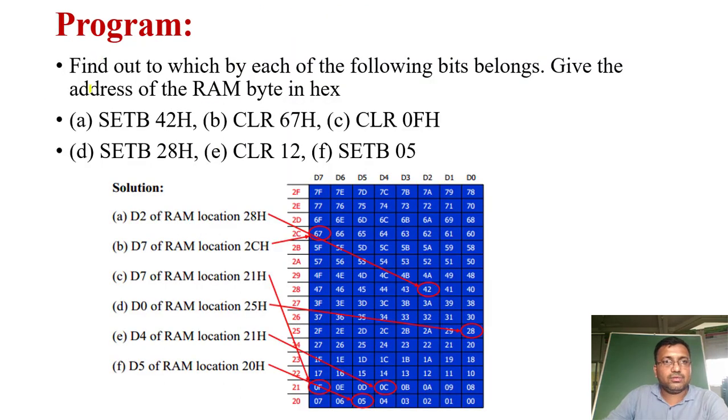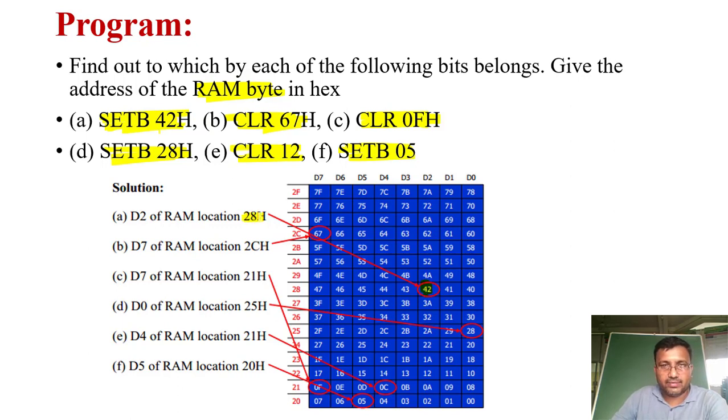Here is one program to find the RAM byte addresses of given bits. Set bit 42H, clear 67H, clear 0FH, set bit 28H, clear 12H, set bit 05. When you write set bit 42H, 42H is available here, so this will set that particular bit.